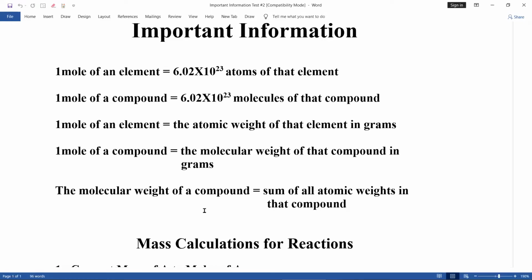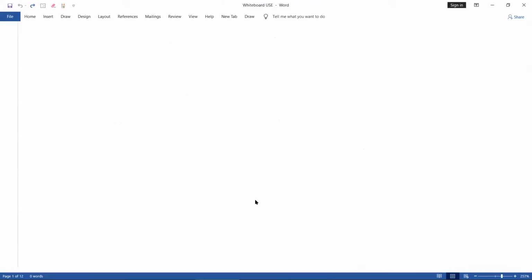Now, to remind you how to use your good friend unit analysis: whenever you have A equal to B, like I just said, 1 mole of a compound equals Avogadro's number of molecules, there are always 2 ratios you can have, A over B and B over A. These are 2 separate ratios.